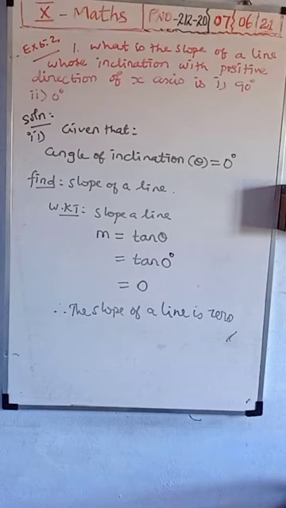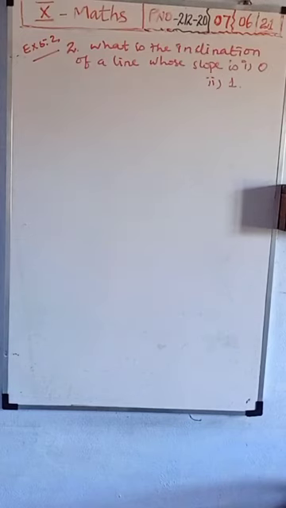Next, second question: what is the inclination of a line whose slope is 0 and 1? Before, the inclination was given and the question asked for the slope. Here the slope is given, and we want to find the angle of inclination, theta.